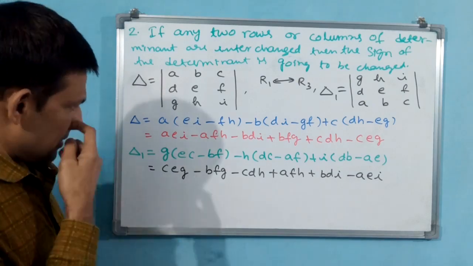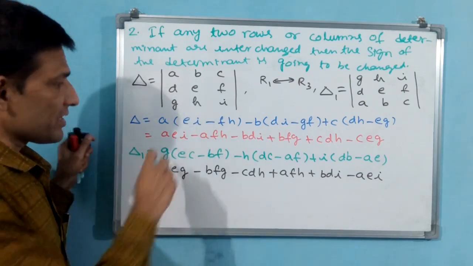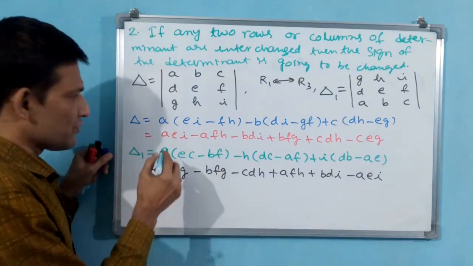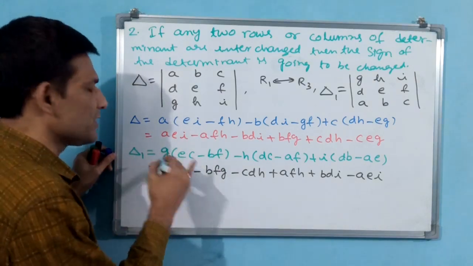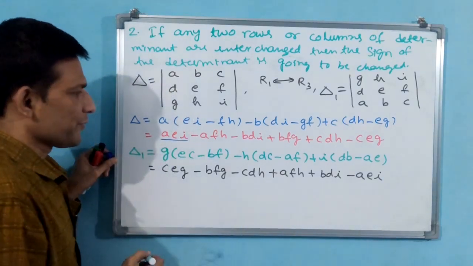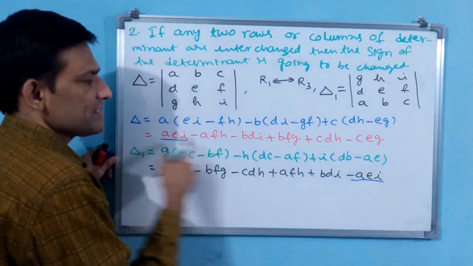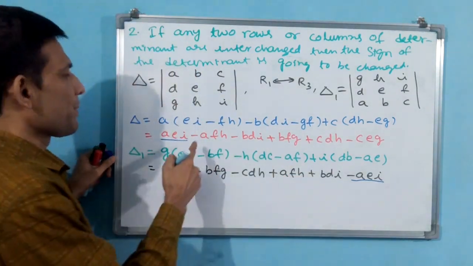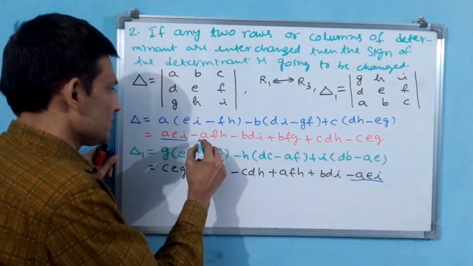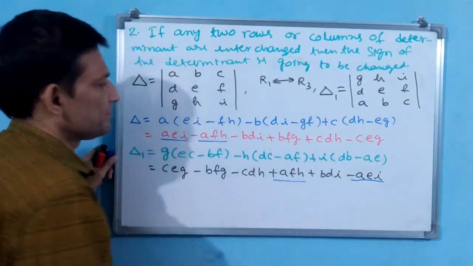Now I am taking a different color pen. We will see each one, because the same terms have to come, but with different signs. Then only we can say minus. Plus AEI here, minus AEI there. Minus AFH, plus AFH.